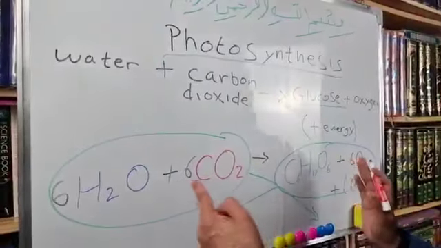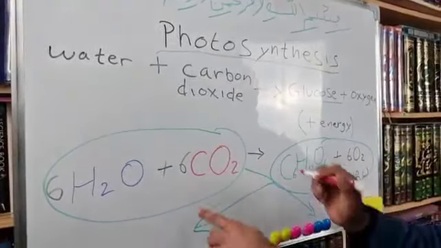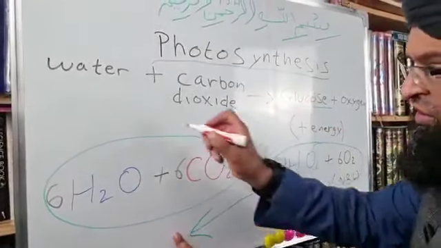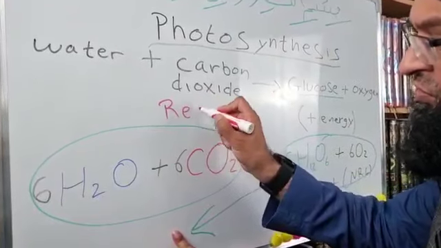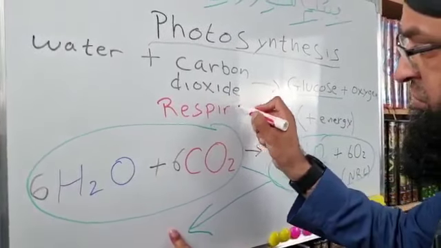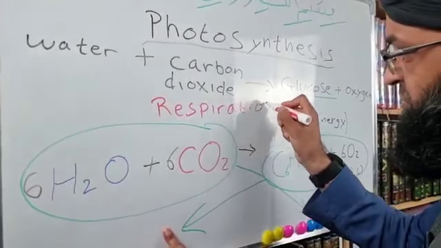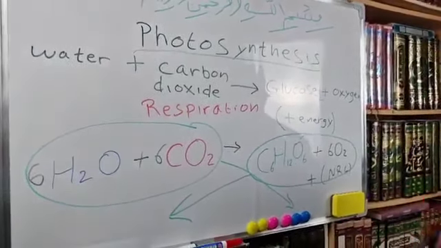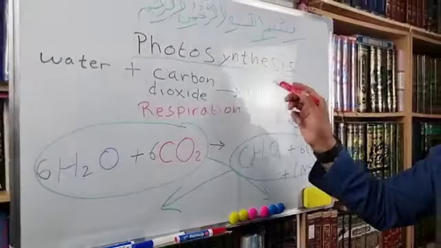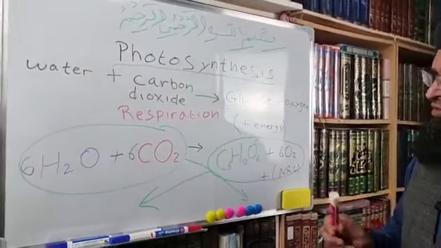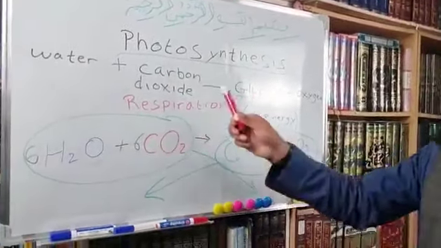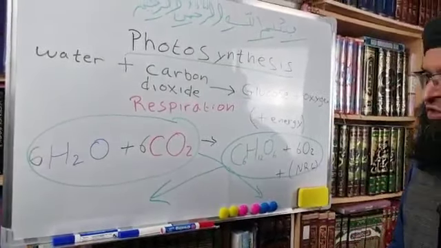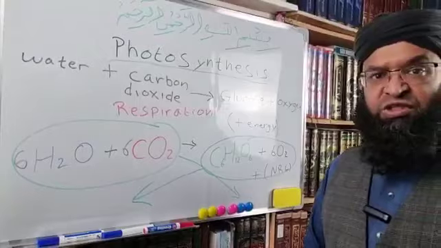Those are the reactants, and those are the products, and that is a balanced equation for respiration. So we've learned two things today: the photosynthesis and respiration equations. We've also learned the balanced equations for both of them. The nice, simple, easy one. I hope you found it beneficial, and I hope you found it quite easy to understand.